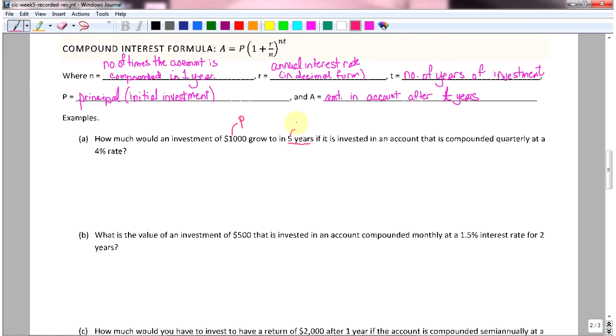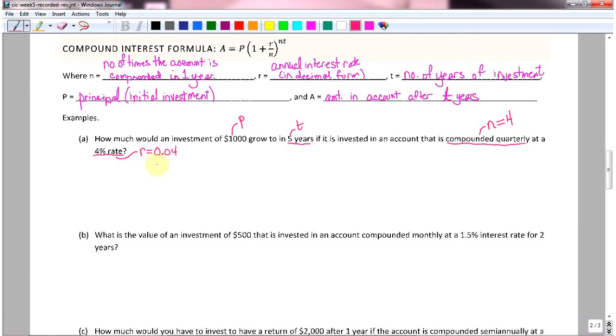So my t is 5. If it is compounded quarterly, that means it's compounded 4 times in a year, so n is equal to 4. At a 4% rate, our value of r has to be in decimal form, so that'll be 0.04.